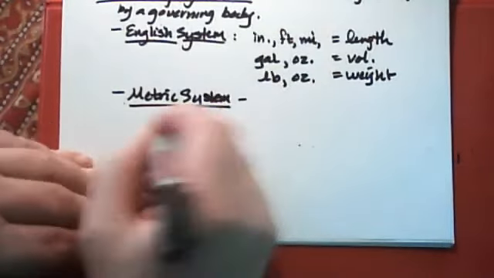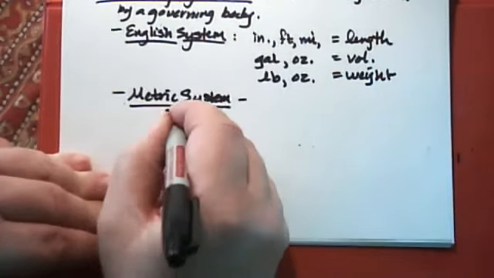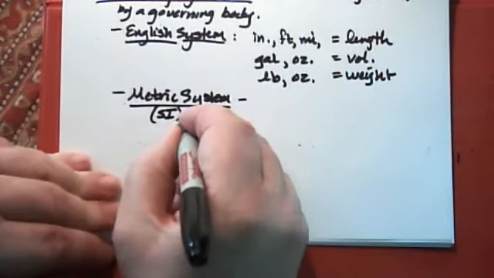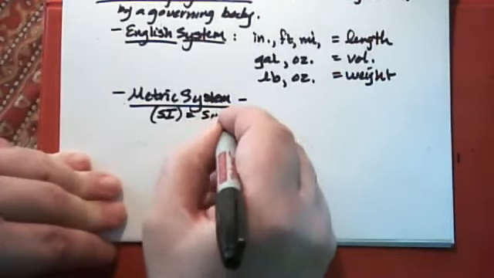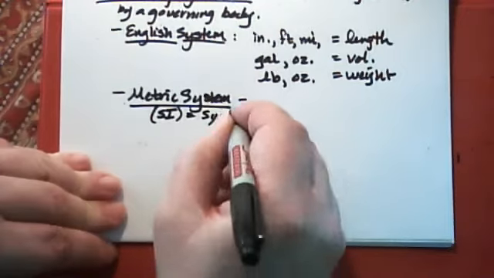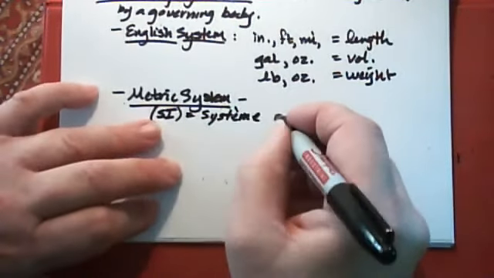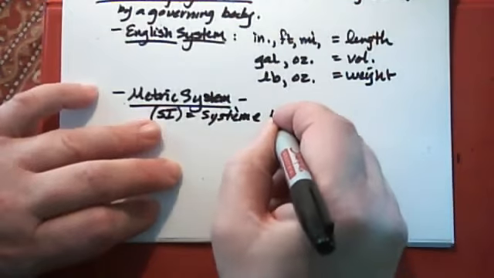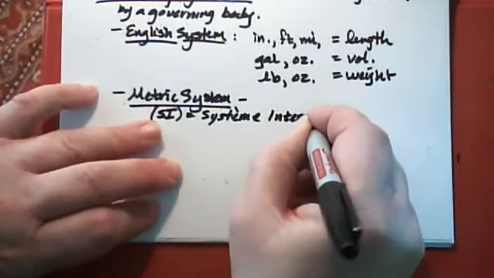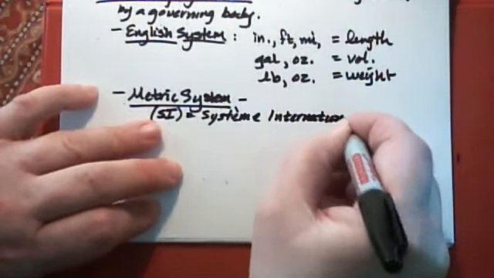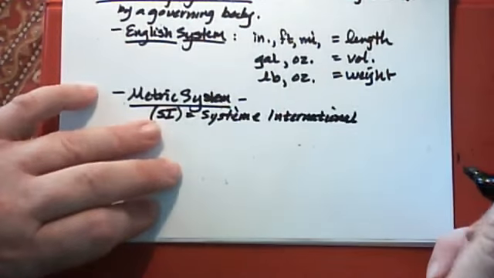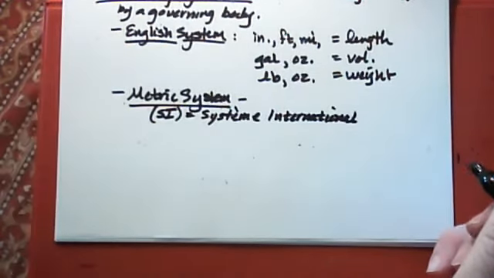The chemists and physicists use what's known as the SI unit subset of the metric system, which stands for Système International in French.